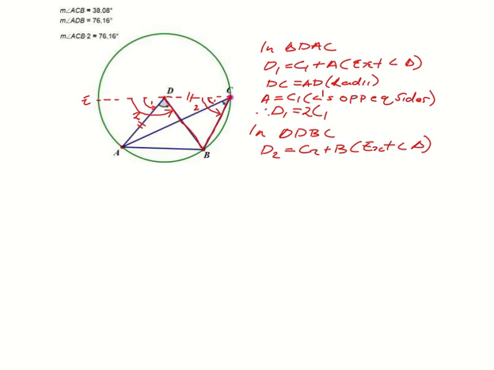And then also we know that DC is equal to DB because they are radii, right? Then it means that C2 is equal to B because of angles opposite equal sides.